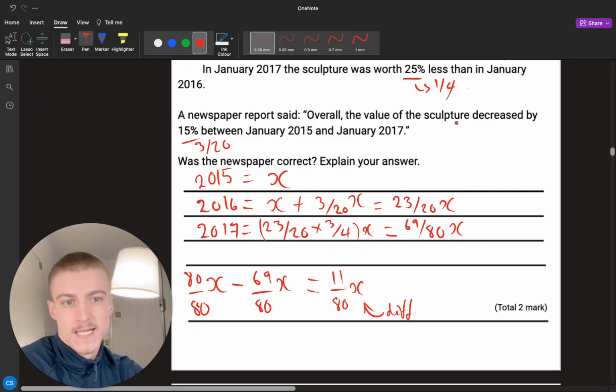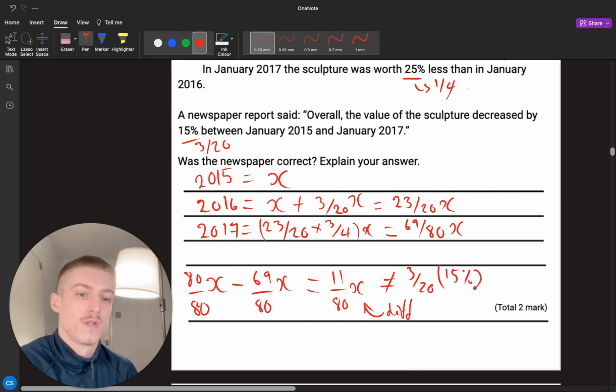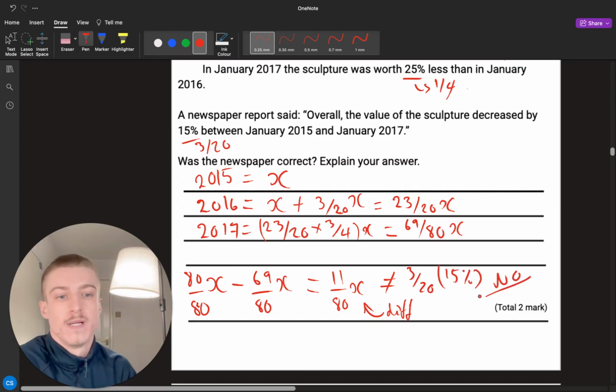But the newspaper said that the sculpture decreased by 15%, which would be 3 over 20, but we've worked it out to be 11 over 80, which is not equal to 3 over 20 or 15%. So no, the newspaper is not correct.